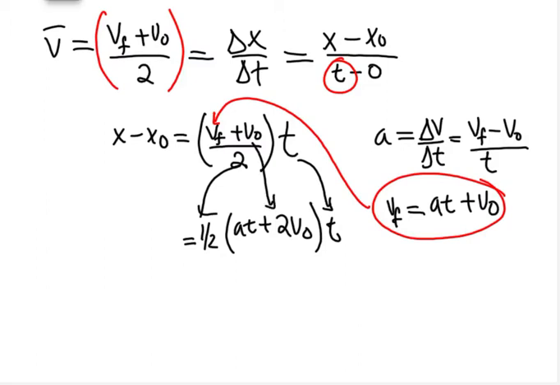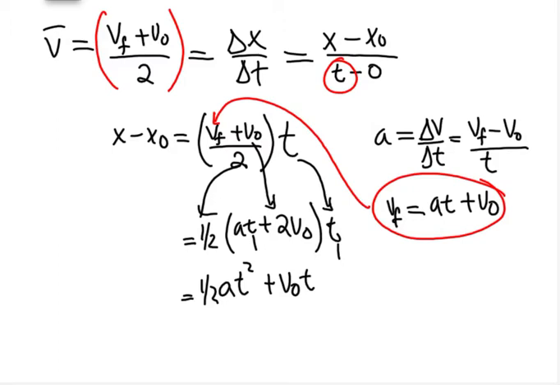So all the terms have been accounted for. Now what we're going to do is take this and just multiply it out. So this is equal to 1/2 a times t, this t, times that t, which is t squared, plus 1/2 times 2, which is 1, times v0 times t.